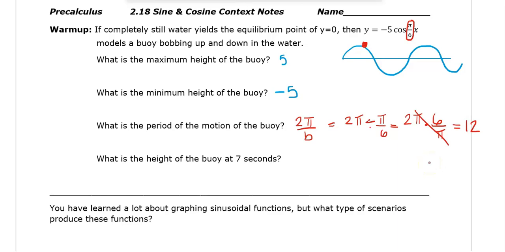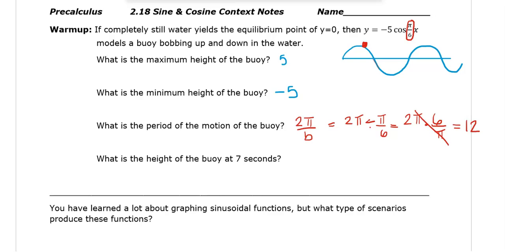Just that's going to be your input because that's your time. Remember, the buoy is going up and down as time increases, and its height is going up and down. So the height would be the output value, and the time would be the horizontal, the input, that x value.